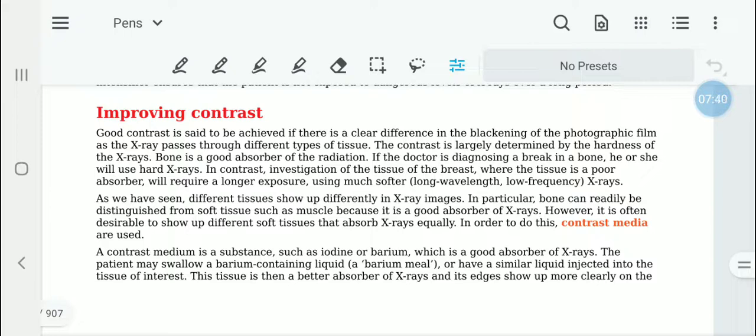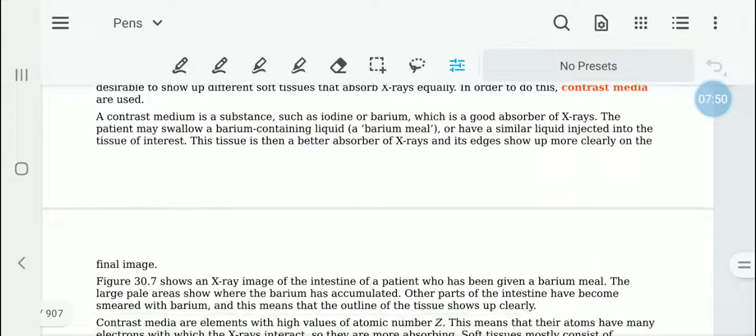So there is something called contrast medium, something like iodine or barium, which is a good absorber of X-ray.